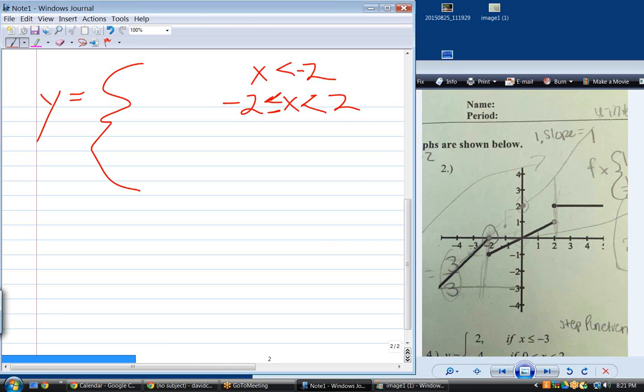Okay, so that's the domain on the middle segment. What's the domain on the final segment? Define it in terms of x. x is greater than or equal to 2. There you go. So we've got all three domains.